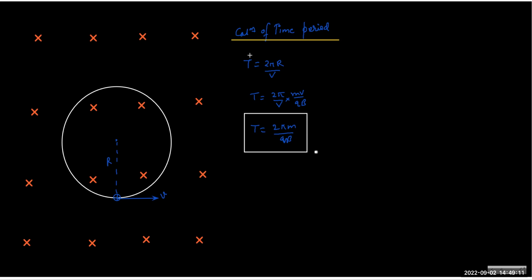It means whether someone is moving in a small path or a bigger path, if they have the same charge and same mass, both will take the same time, right? Yes, sir. Okay.